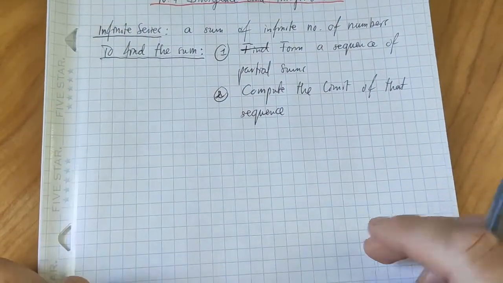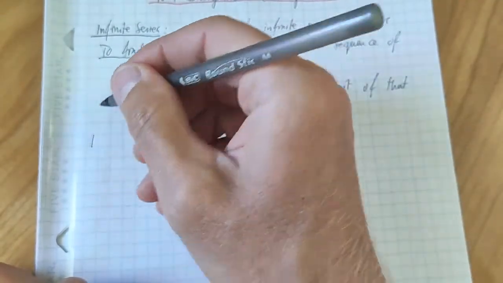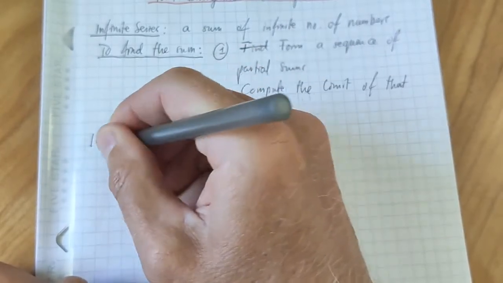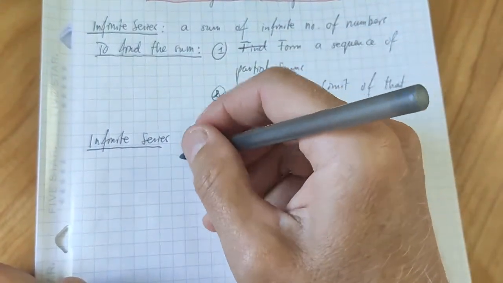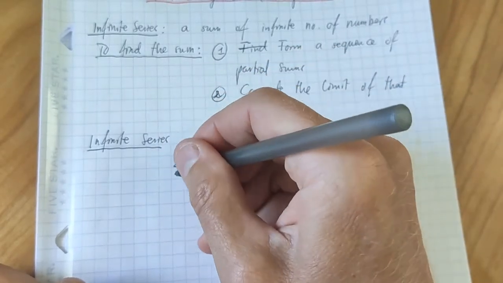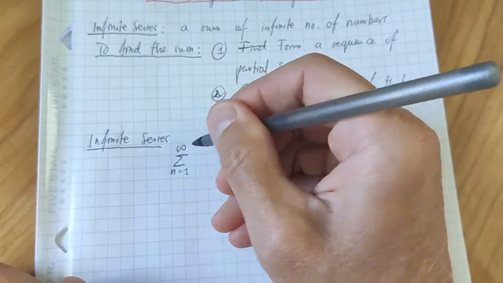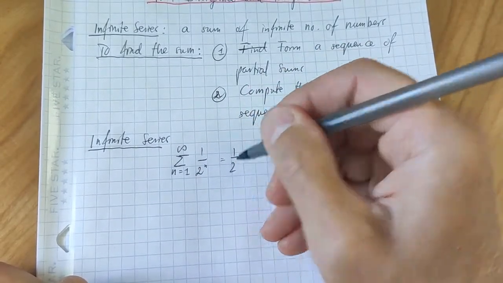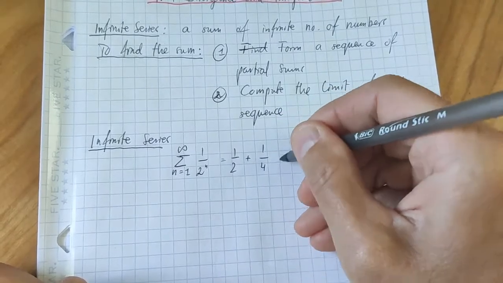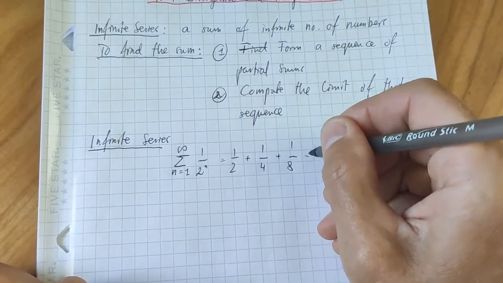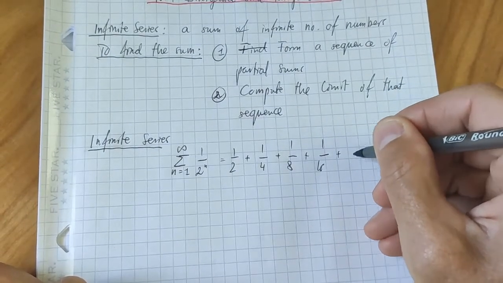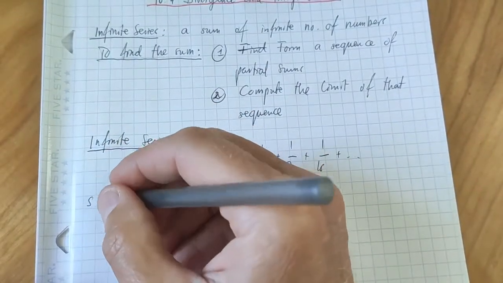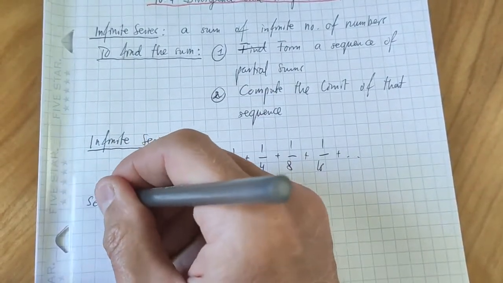Let's do one example that we've seen before, but let's do it anyway. Let's take this geometric series from n equal 1 to infinity of 1 over 2 to the n. I know we've done it already probably twice: 1/2, plus 1/4, plus 1 over 8, plus 1 over 16, plus and so on. This is our infinite series, and here's the sequence of partial sums.